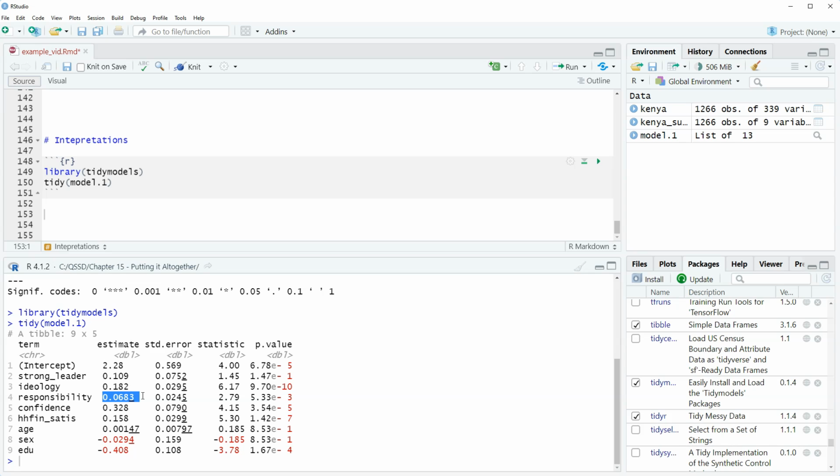Again, a little weird. But it's saying that people who think that it's more individual responsibility are more satisfied with the current political system.